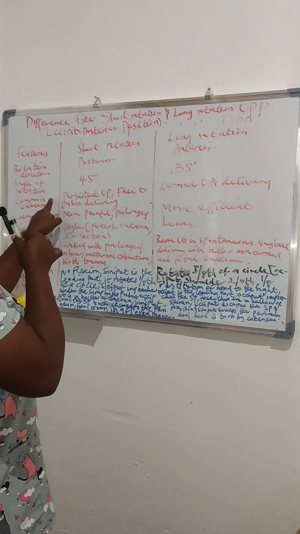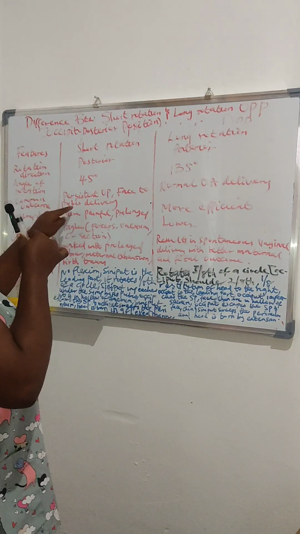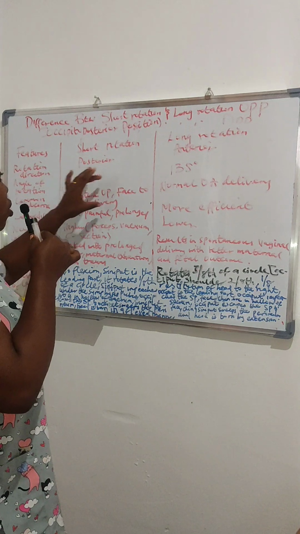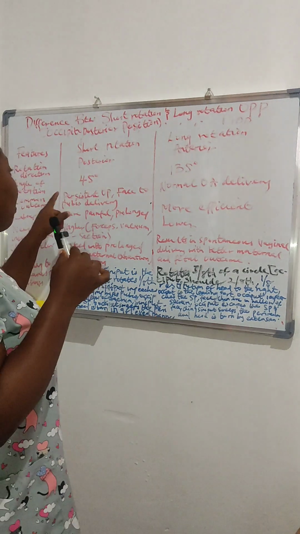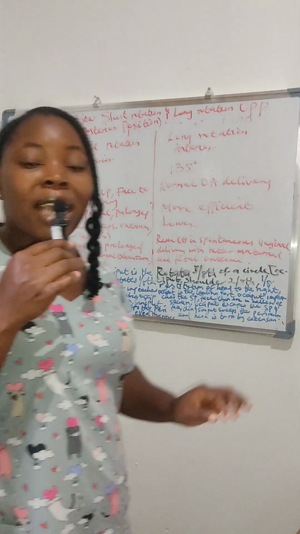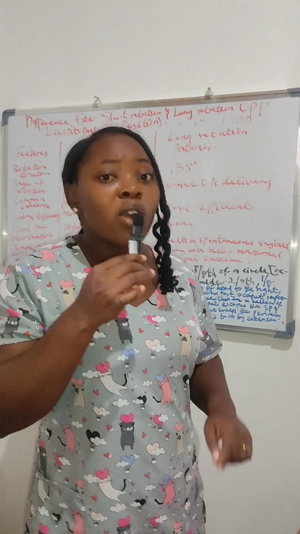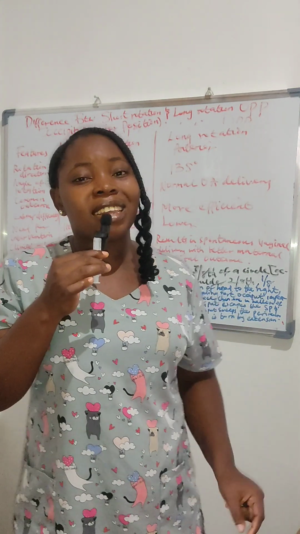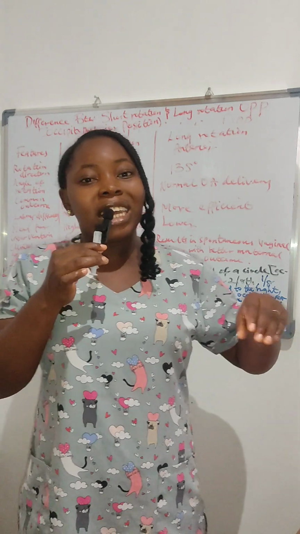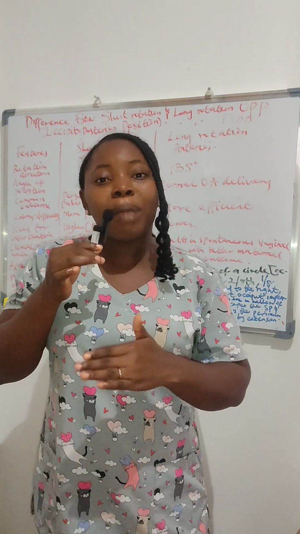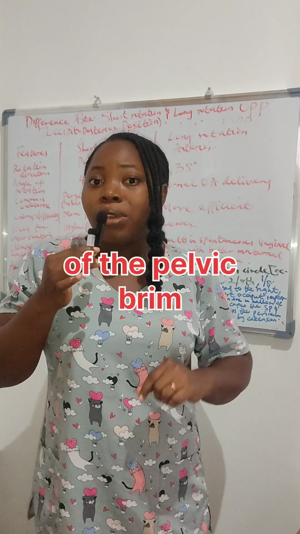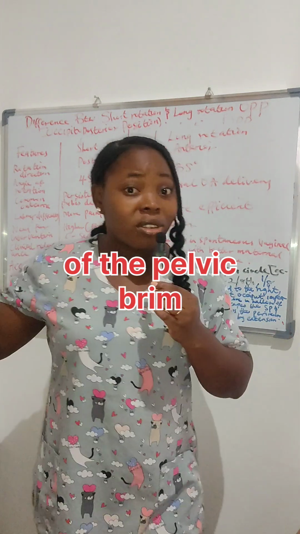Okay, the common outcome of short rotation is persistent occipito-posterior position. Persistent. What do I mean by this? In short rotation, the sinciput is the leading part. So if it rotates, it is likely to engage in the transverse diameter of the maternal pelvis, which is the ischial spine, opposite side.